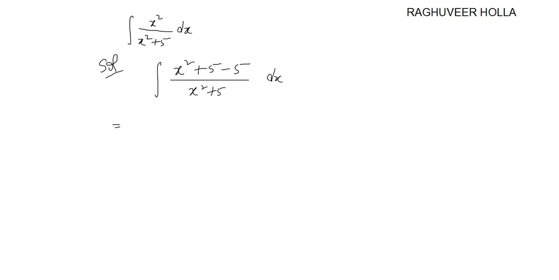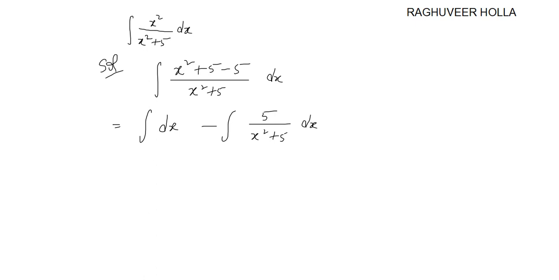If I separate this, I get the integral of 1 by (x square plus 5), and these two get cancelled. I can write this as dx, only dx will be left, and minus the integral of 5 divided by x square plus 5 into dx.